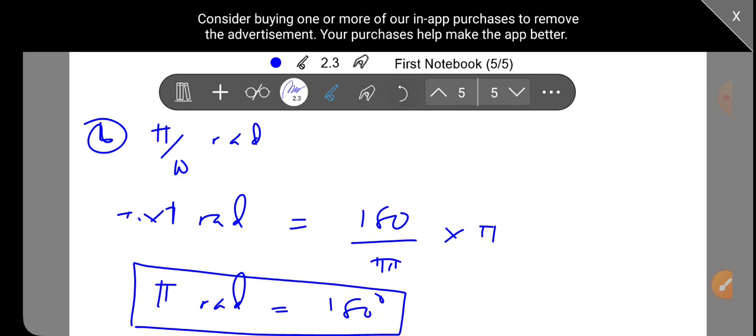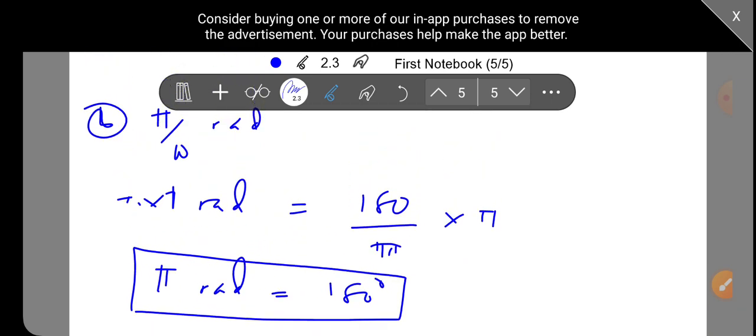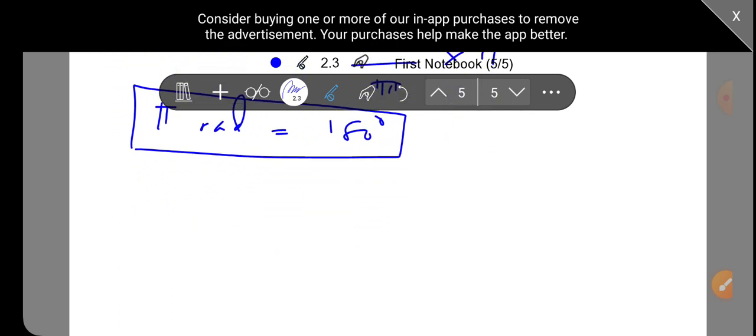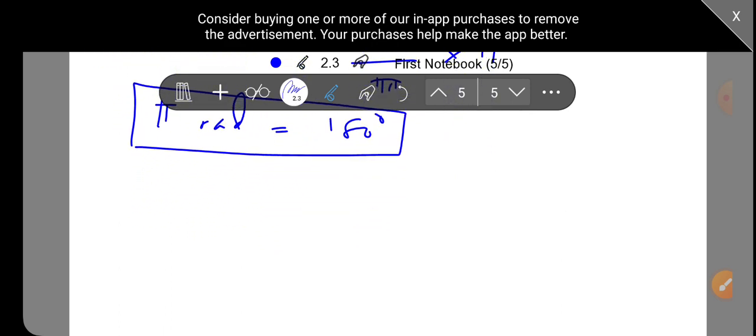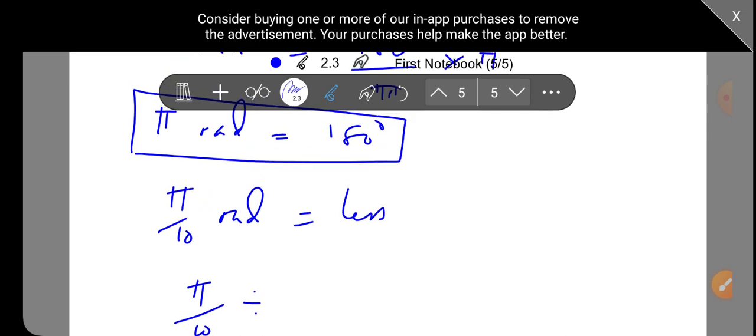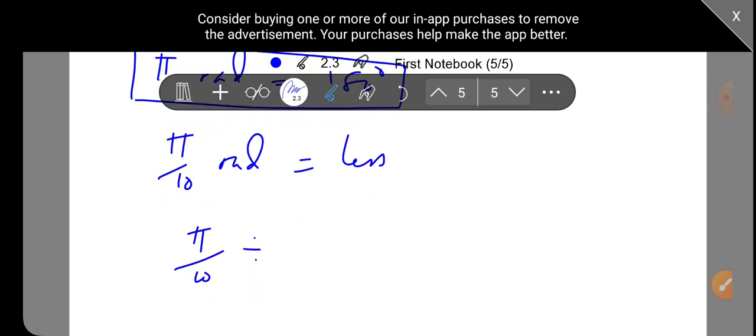This is different from the first example. There was no pi, there was just a rad. That's why I used 1 rad is equal to 180 over pi. But because in my question there's a pi, it's better to use pi rad is equal to 180 degrees. So if pi rad is equal to 180 degrees, what about pi by 10? It's going to be pi by 10 divided by pi times 180 degrees.